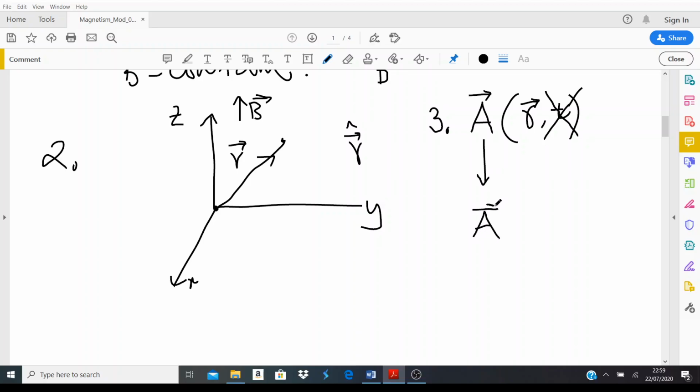That's the classical concept, right? Now this quantity will be elevated to an operator. If I put a hat on top of the A vector, it means the magnetic vector potential operator, right? But you have to understand this quantity becomes an operator because the vector itself depends on the operator r.